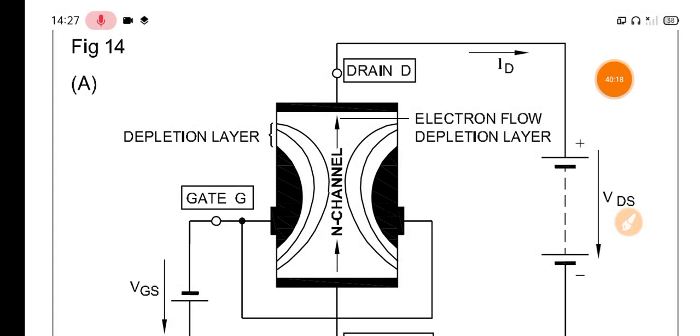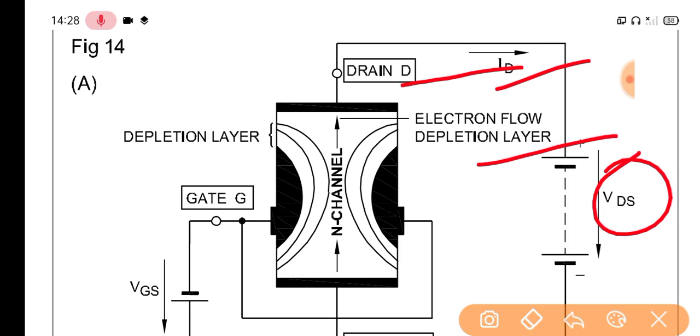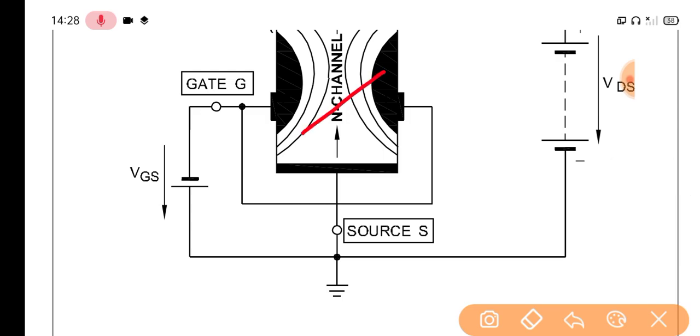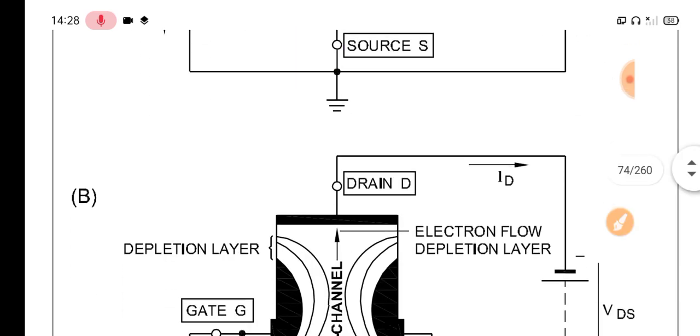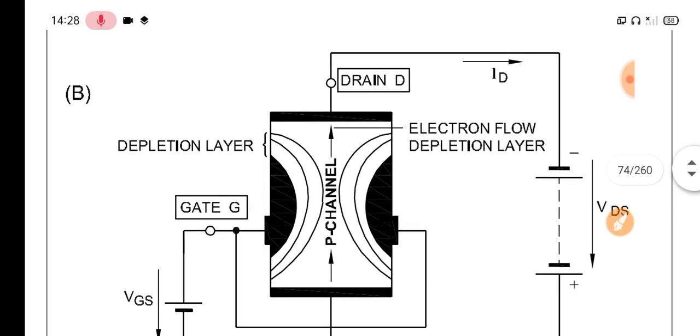This is an N-channel FET. This is the drain current, and this is the voltage drain source. This is the electron flow depletion layer. This is the depletion layer, and this is the gate and gate voltage source, and this is the N channel and source.